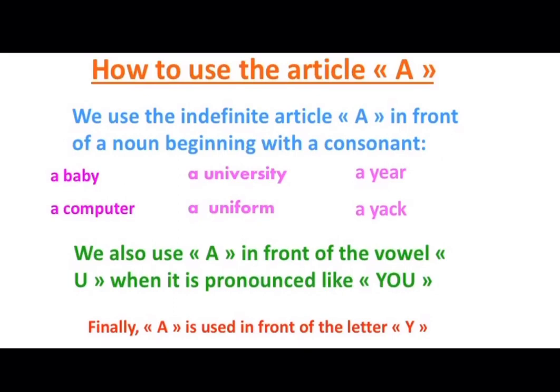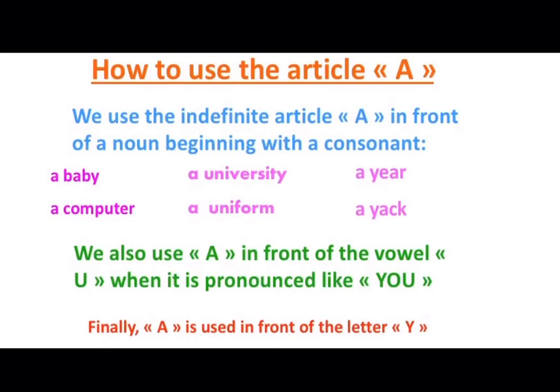A university, a uniform. Children, we also use a in front of a vowel u when it is pronounced like y-o-u. So finally, a is used in front of the letter y, and y is a consonant.